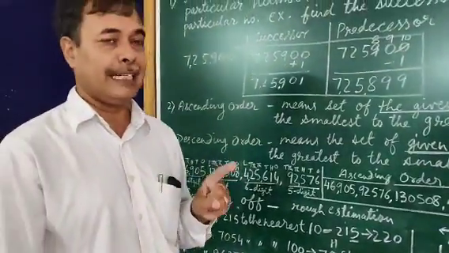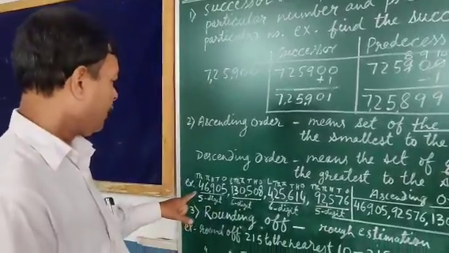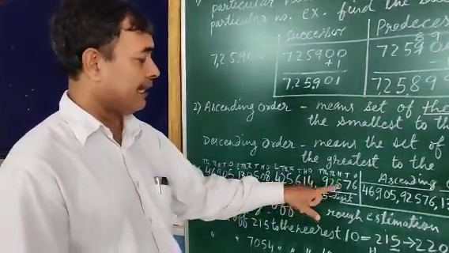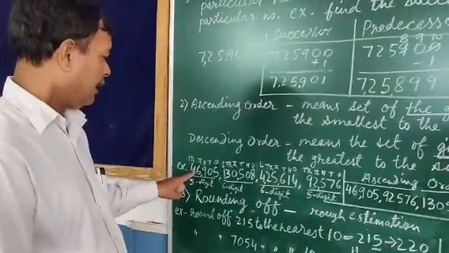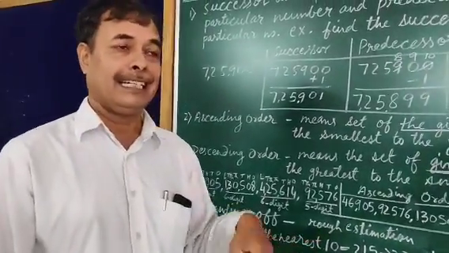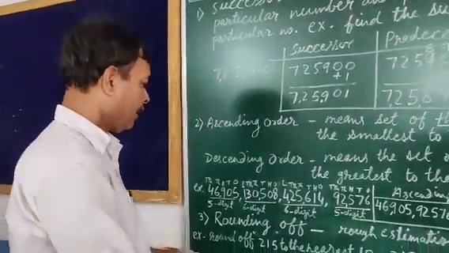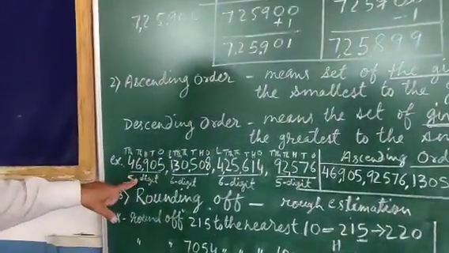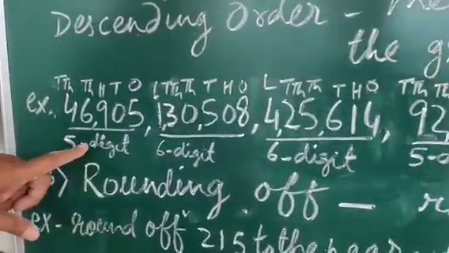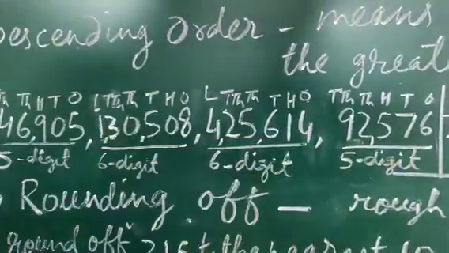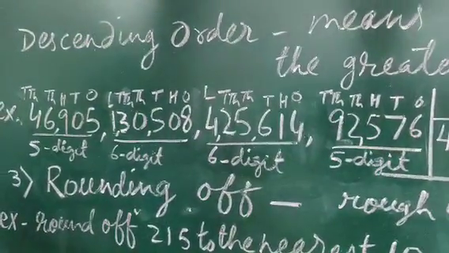The first rule that I discussed with you there was number of digits in a number. Number having greater number of digits, that number will be the greater number. Here I have written number of digits in each number. First number contains 5 digits and last number also contains 5 digits. That means both numbers have equal number of digits.